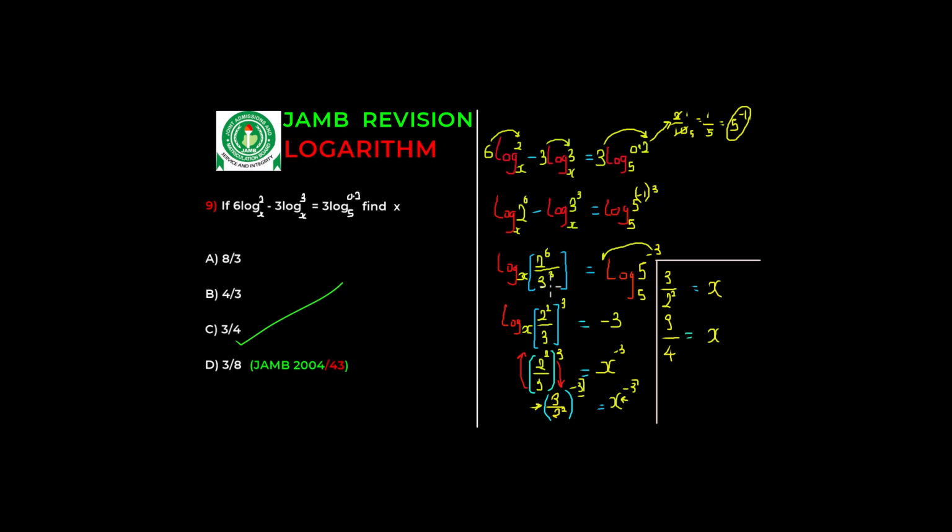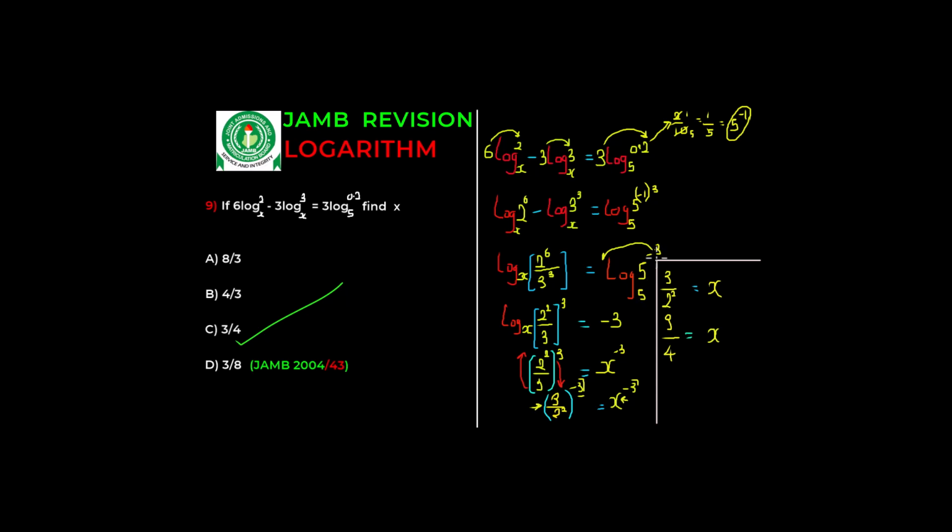Now we needed to break it down so we can have a common power. So 2 raised to the power 6 became 2 raised to the power 2, all raised to the power 3, so that the numerator and denominator share the same power. Now on this other side, log 5 base 5 is 1.